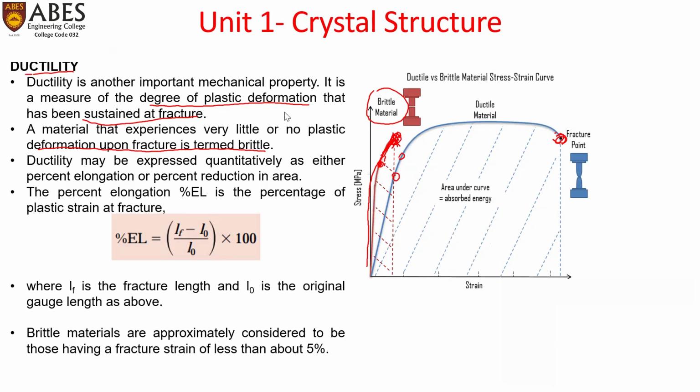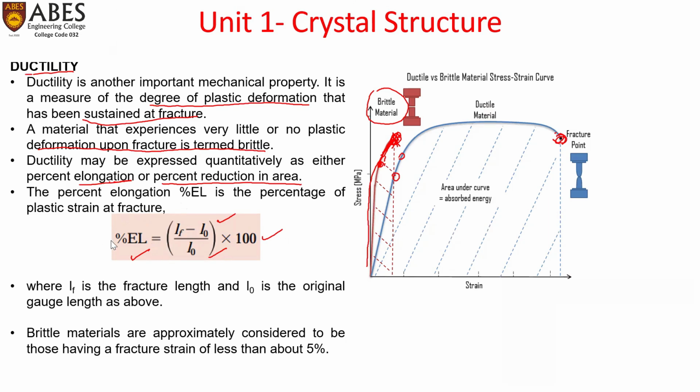So ductility may be expressed quantitatively as either percent elongation, how much percent elongation before fracture, or percent reduction in area of the cross section of the material by necking. The percent elongation is the percent of plastic strain at fracture, and it can be obtained from the relation: percent elongation equals length final minus length original upon length original, that is strain, times 100.